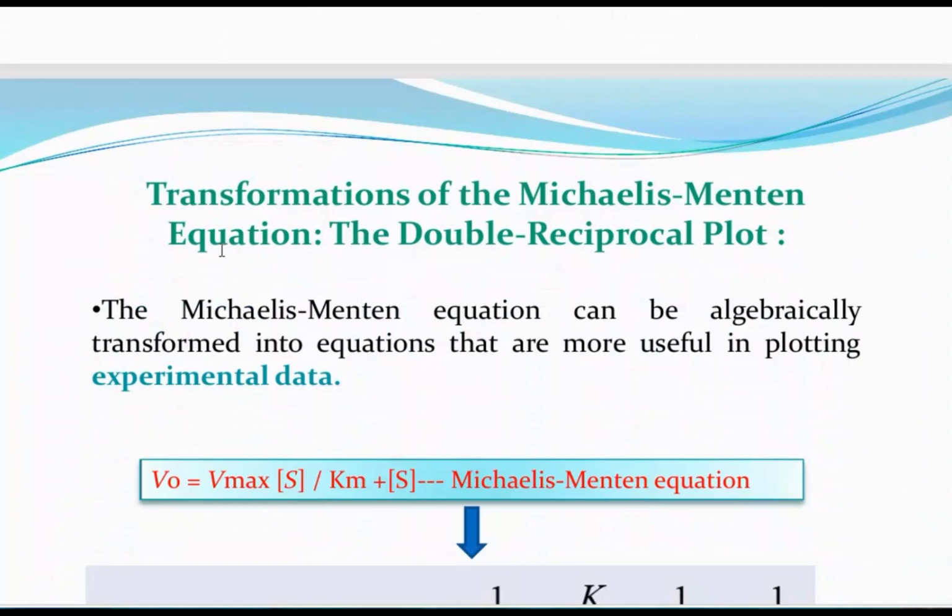Now today we want to see the transformation of the equation into the double reciprocal plot. This equation can be algebraically transformed into the double reciprocal plot, which is very useful in plotting experimental data.